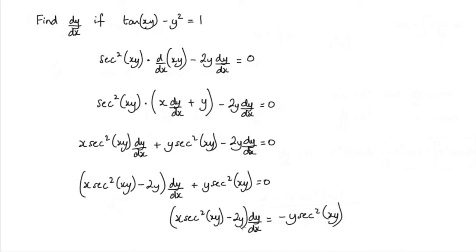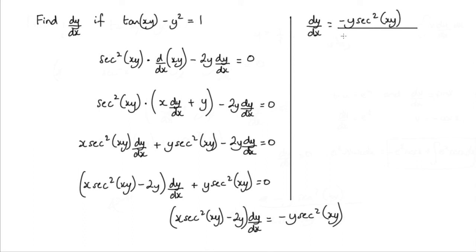Now the next step is obviously to divide by this set of terms here to leave me with dy by dx. So carrying on up here, we'd have that dy by dx is equal to negative y sec squared xy, and that's all divided by x sec squared xy minus 2y.